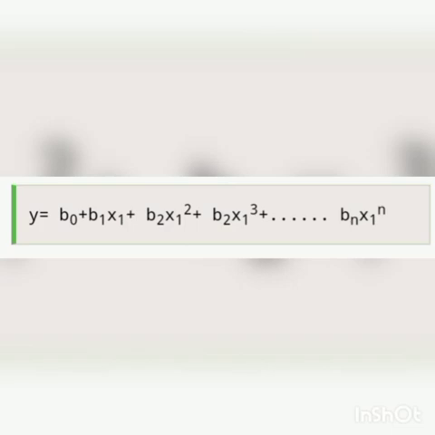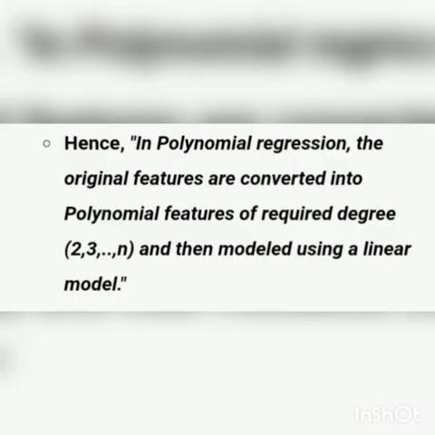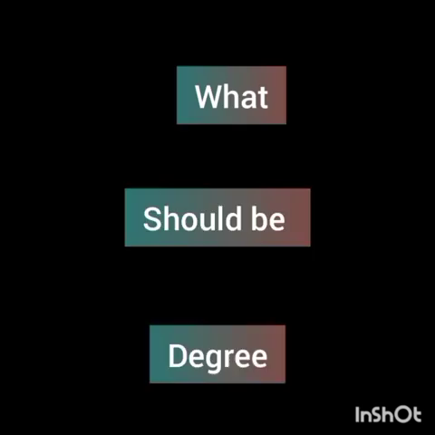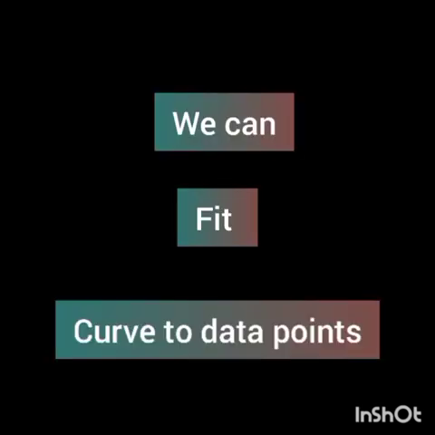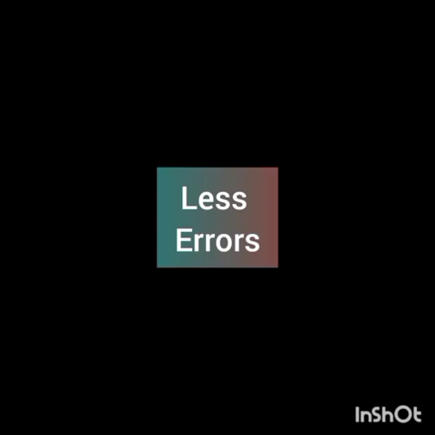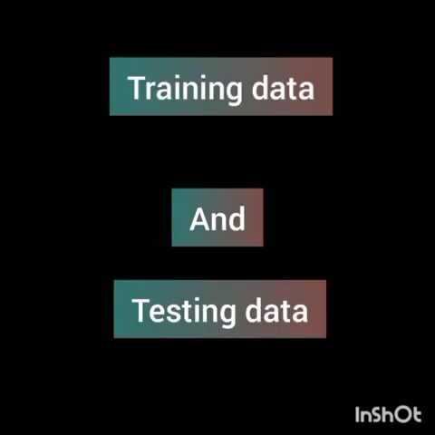If we represent this in generic form, we get y equals the sum from i equals 1 to n of mi xi, plus c. Then what should be the degree, so we can fit the curve to the data points that should have fewer errors for both train data and test data?